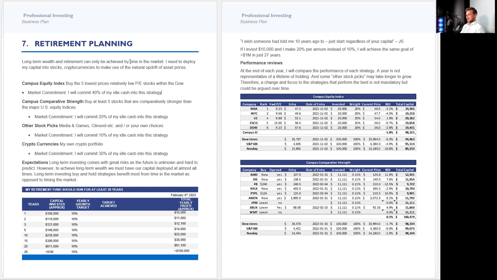Why is that the case? Time in the market. Well, that's the case because all of us can be wrong in our timing, right? Our timing can be off and we can miss the boat, or we can be in the boat too early. When it comes to longer term stocks, I'd rather just be a little too early than too late, right?